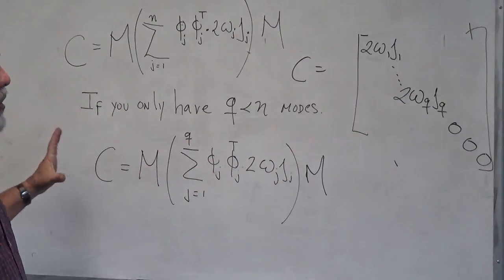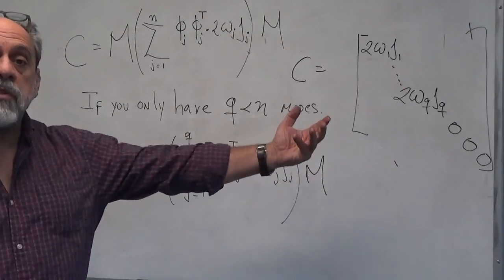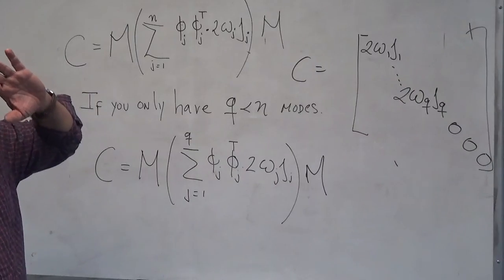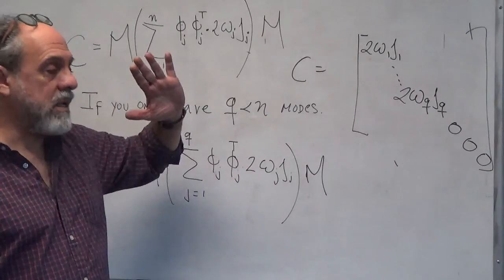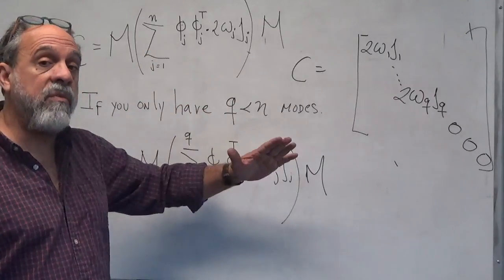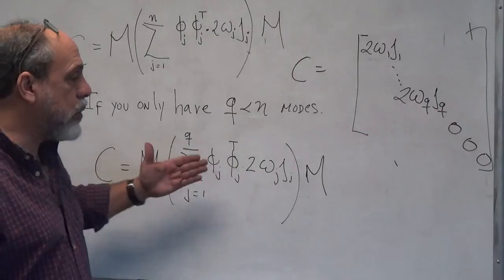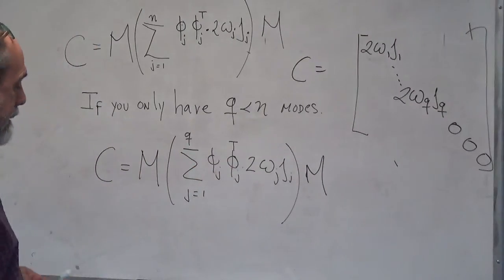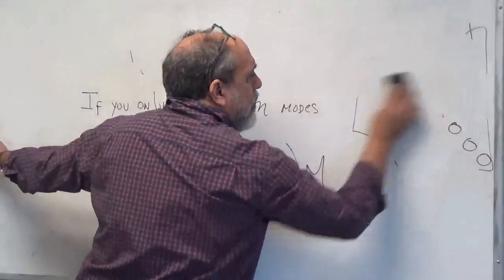So if you are now going to solve the problem by numerical integration of the equations of motion, you have to keep in mind that you have placed 0 damping on the modes above Q, even if we do it linear, right? In the modes above Q, you have put 0 damping.